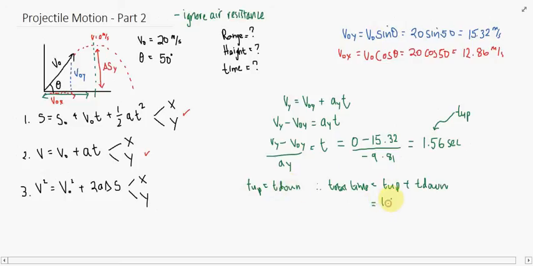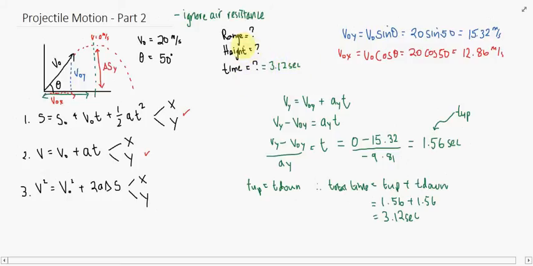So it's going to be just 1.56 plus 1.56, which is going to give me 3.12. So that's how long it will take to go all the way up and come all the way back down. Alright, so I could plug that into my answer sheet over here, 3.12 seconds for the total time.